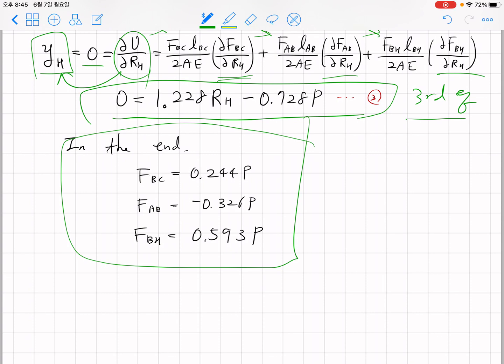As you can see here, we already discussed two methods to approach a statically indeterminate problem, but as we learn one more way to approach the same problem, which is called Castigliano's theorem, we have quite a useful and nice weapon to attack the same problem.